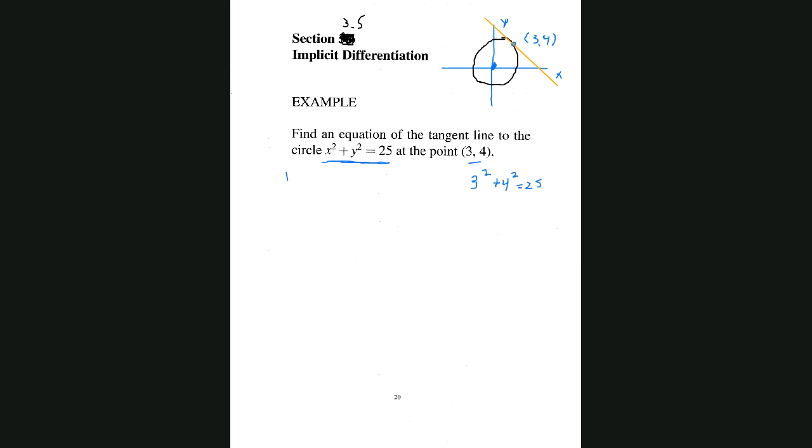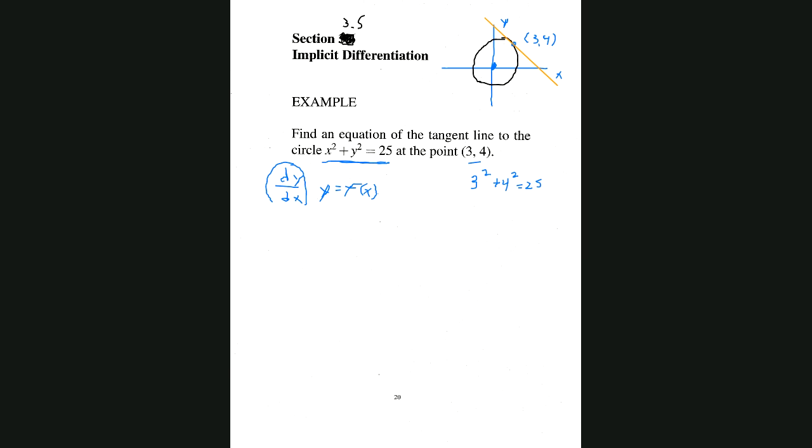So I need to find dy/dx. And of course, what we would love is if y were a function of x. But do we have y as a function of x? No.